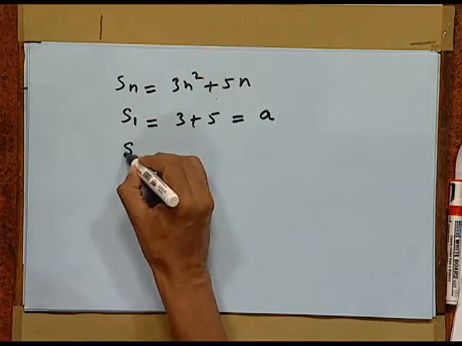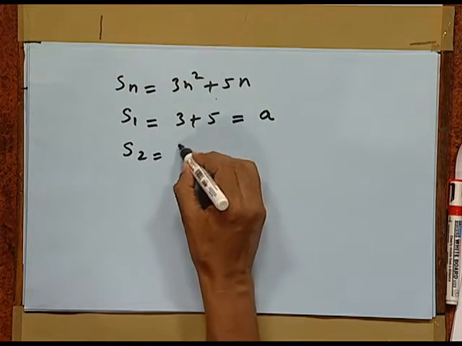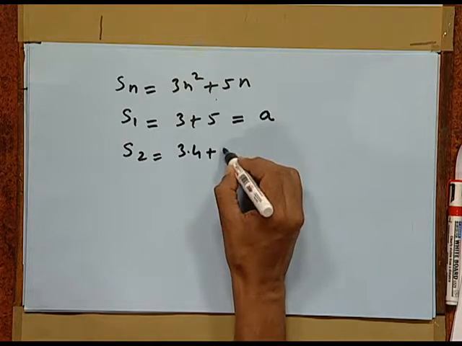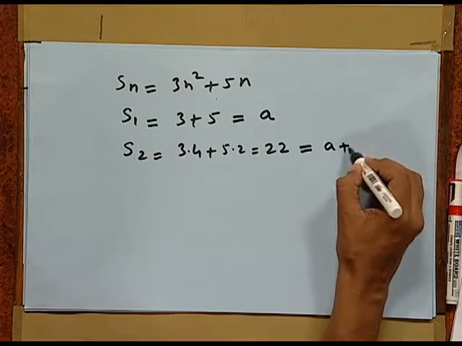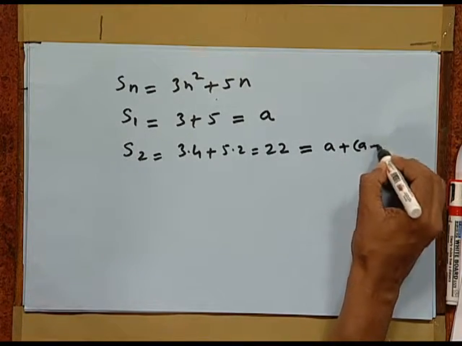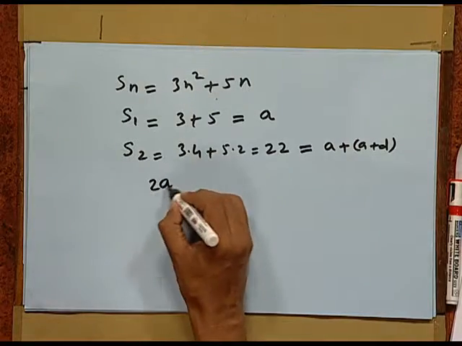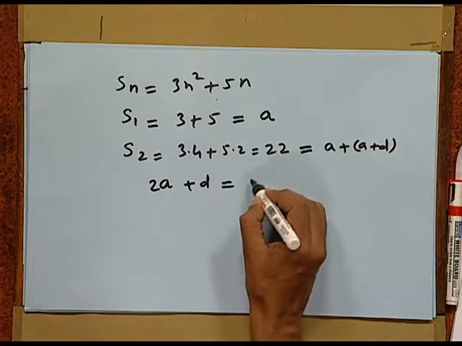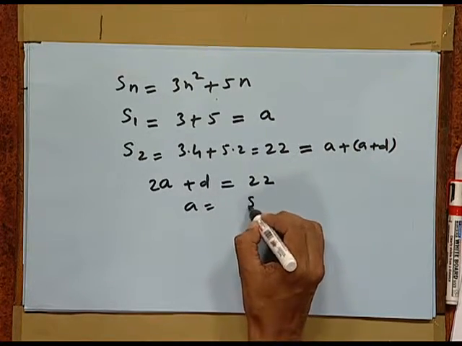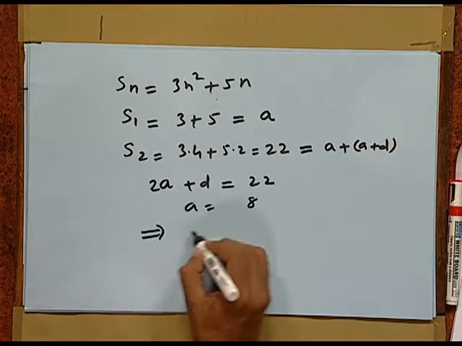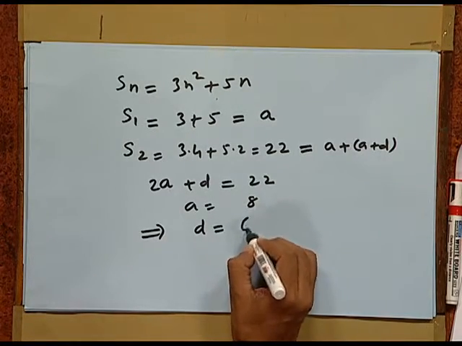Now put n equal to 2. You get S2 is equal to 3 times 4 plus 5 times 2, that is 22. And this is nothing but first term plus second term. Thus we have 2a plus d is equal to 22, while a is equal to 8. This gives d is equal to 6.